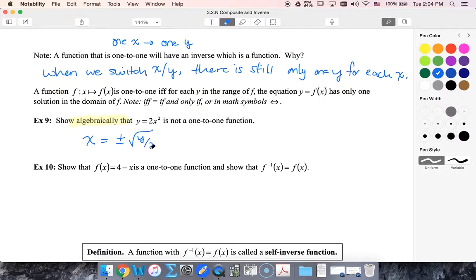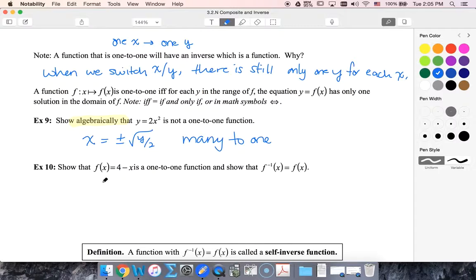So notice that for one y value, I have two possible x values. So this function is a many-to-one function. There are many x's that lead to one y.